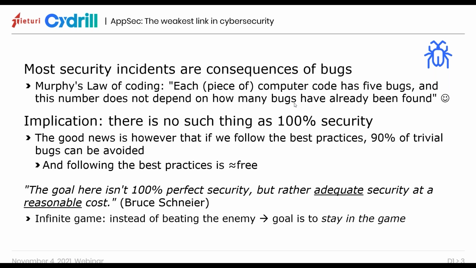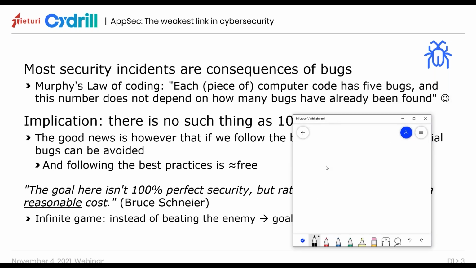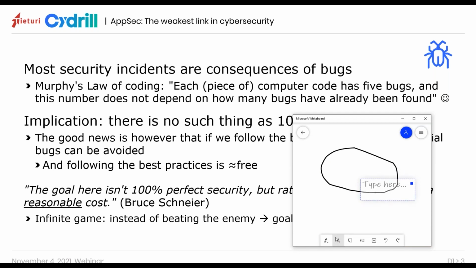So let's have a simple illustration. Let's take a look at what I actually mean here. Let's say that we have this black oval representing all of the bugs in our system. So I will type it out. These are the bugs. And of course, these bugs are things that we haven't found yet.